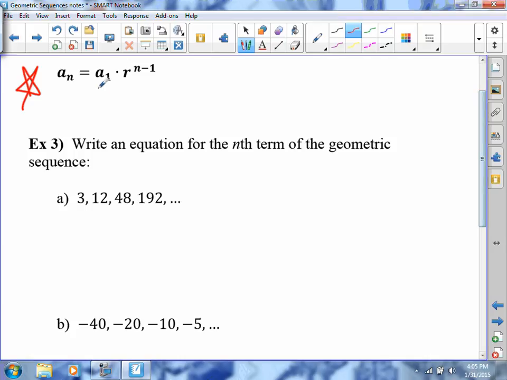And A1, that's going to be our first term. The R, that's going to be our common ratio. Whoops, I had to put an N on the ratio. Okay, that's going to be a ratio. And then the N up here, that's going to be the given term that we want to find.